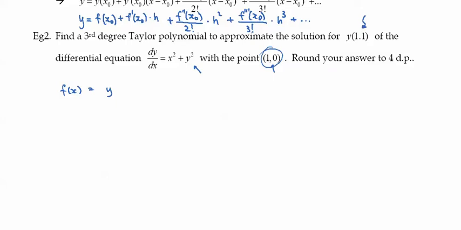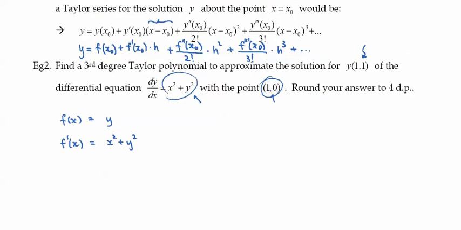And then, using the Taylor approximation, we are going to make use of f prime of x, or f prime of x0. We have the equation as well. This is basically what is given, x squared plus y squared.